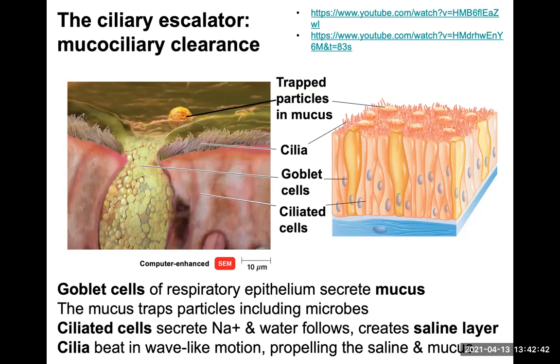It's not really shown in this image here, but we'll see it in the video where we're going to watch two videos about this. And this saline layer is also what people with cystic fibrosis are not able to create, and this is why they have so many problems. But we'll continue on with the regular function right now.